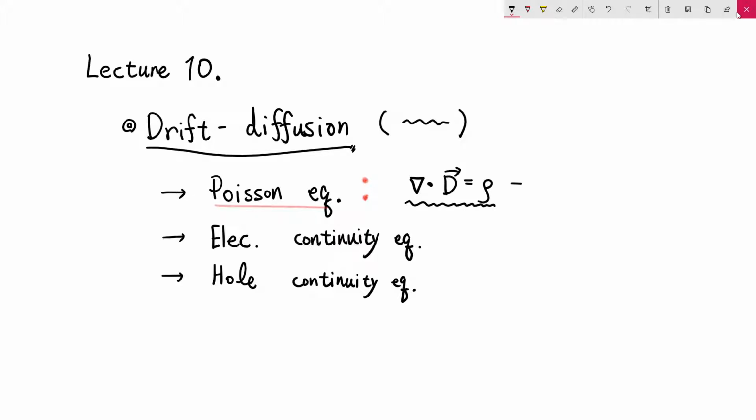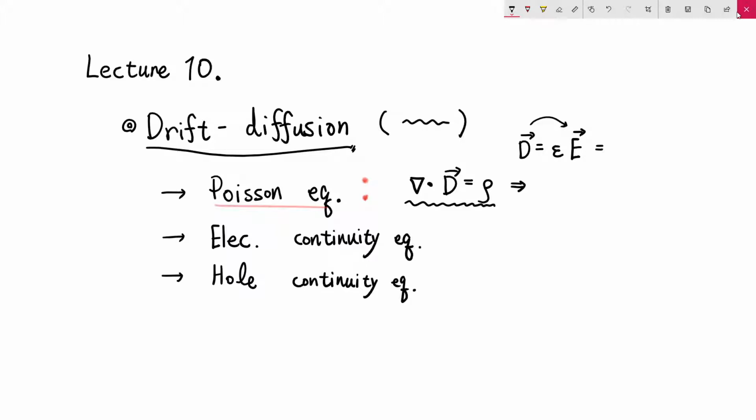However, if we introduce a certain approximation for our displacement vector D, which can be written as permittivity multiplied by electric field, then from here to here we just assume a simple medium.